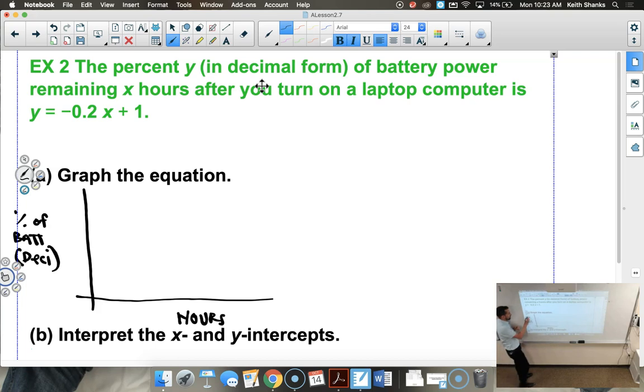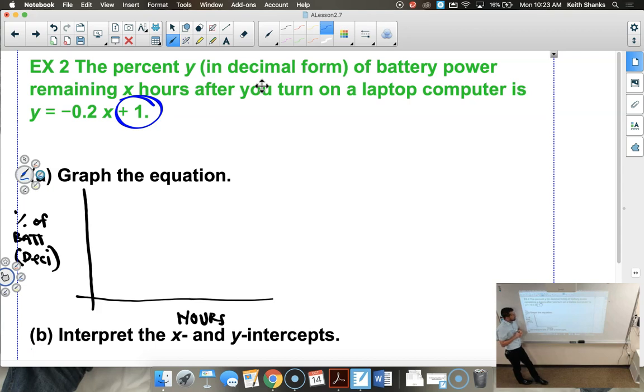So then they ask us to graph it. Well, what is this right here? How much does it start out with? The Y intercept, and it says 1, but that's in decimal form. So what percentage is that actually? It's 100%.